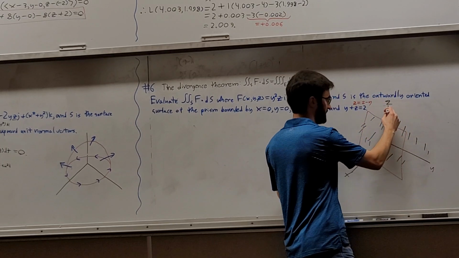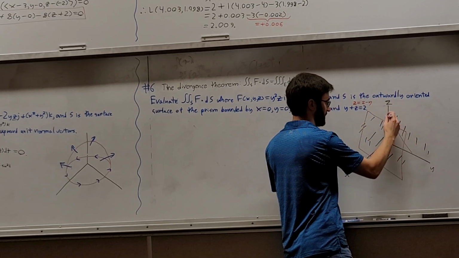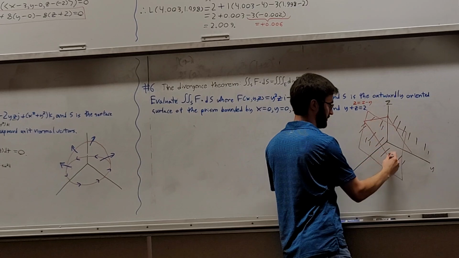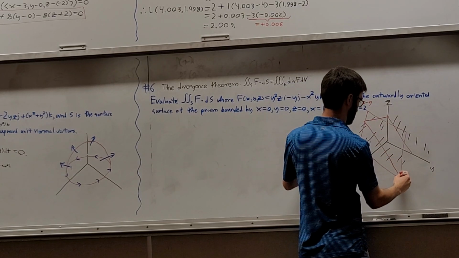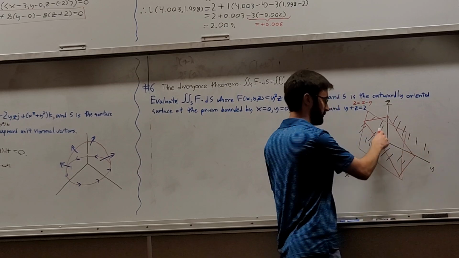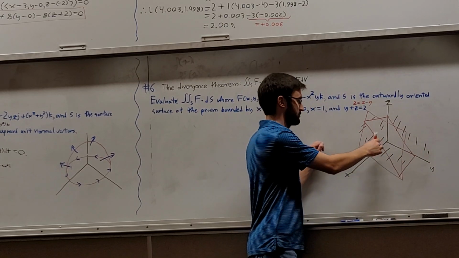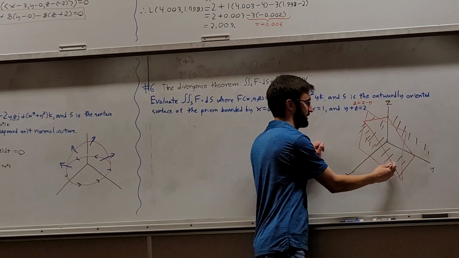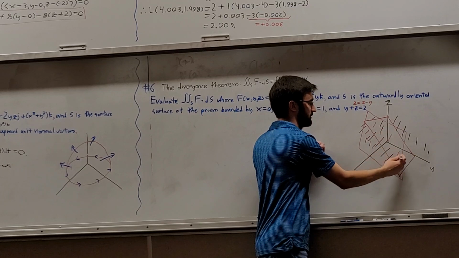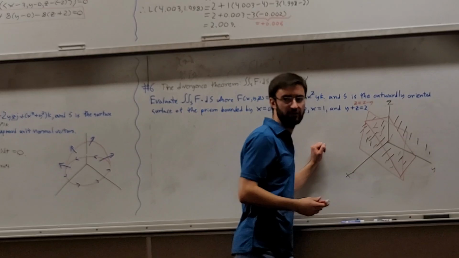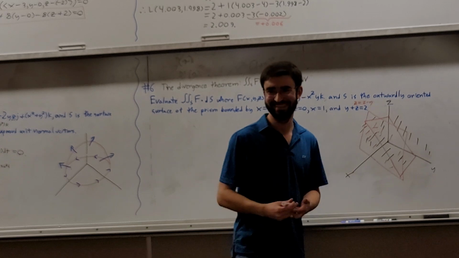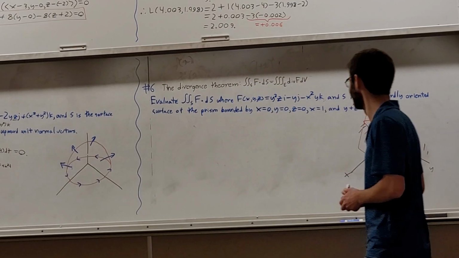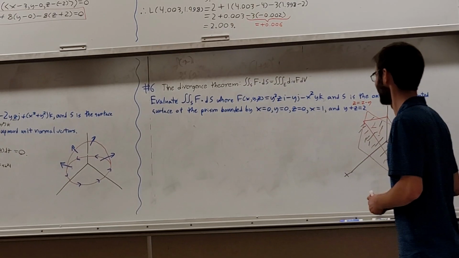So that'll be like this right here. You see we have this prism here, this triangle, and a plane up here. It's sort of like a ramp, like on a skateboard.